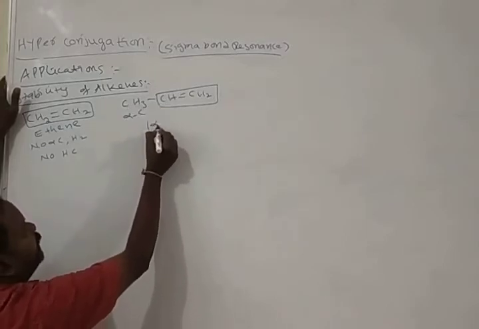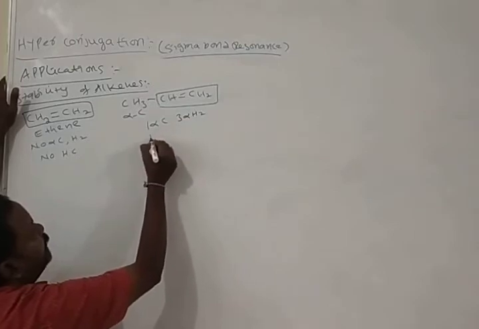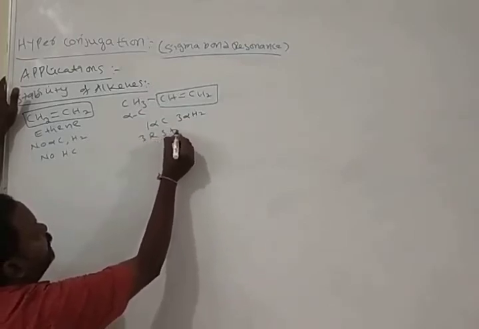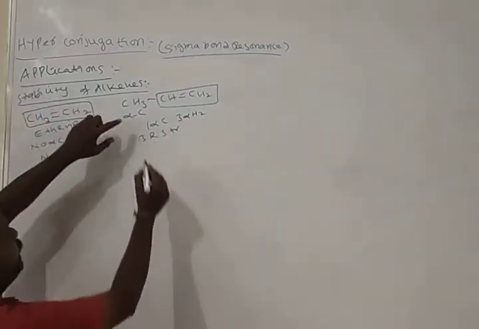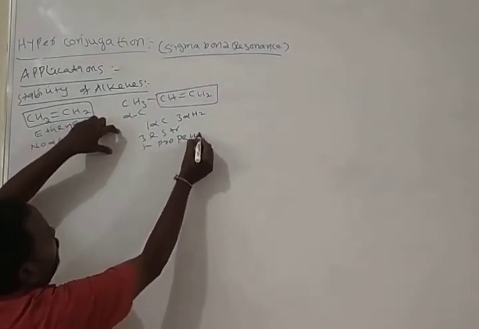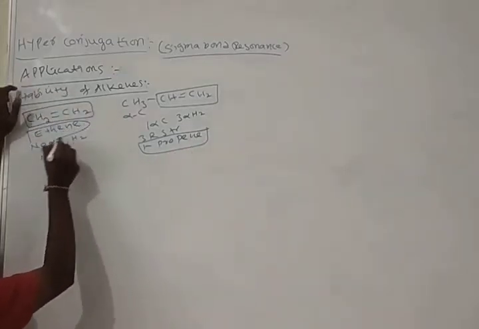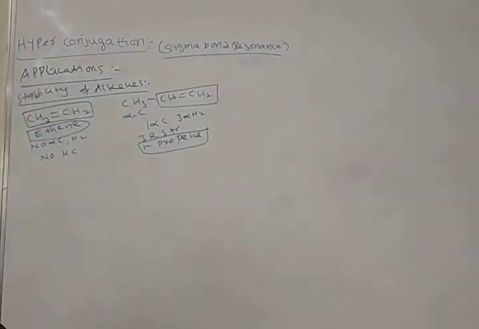It contains one alpha carbon and three alpha hydrogens, so it forms 3 resonance structures. What is the name of this molecule? 1-propene. 1-propene forms 3 resonance structures, but not ethene.